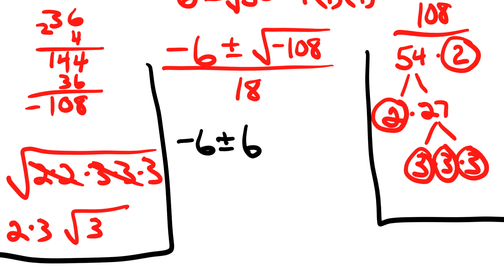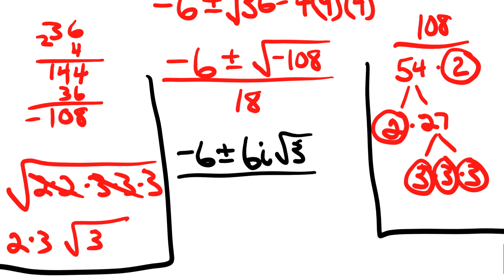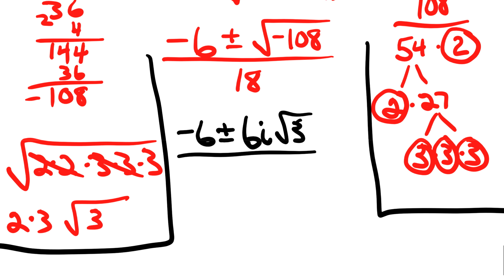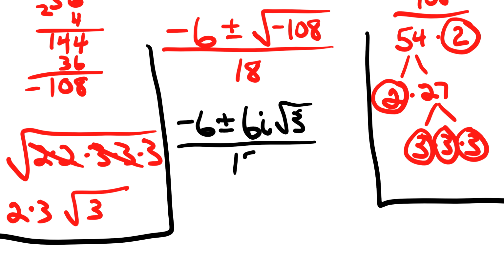I'm going to write that up as 6i root 3. That's where the square root of negative 1 is. So don't forget that, of course. And all that is over 2 times a, and a we said was 9, I believe. Yeah, there's 9 there. So my denominator here is 18.